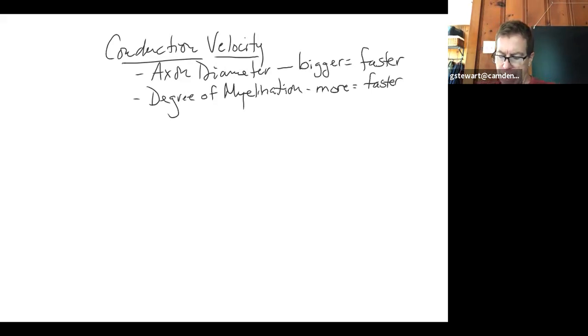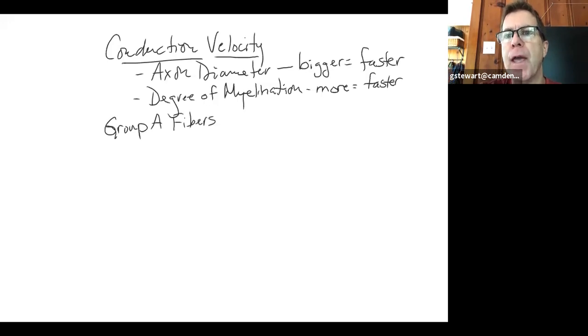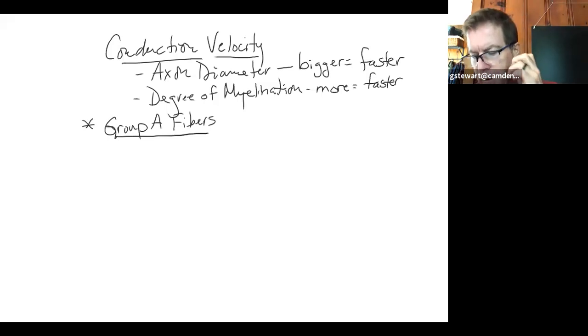And now we can classify neurons based on these two criteria. We just call them group A, group B, and group C fibers. Group A fibers are the largest in diameter and the most heavily myelinated.